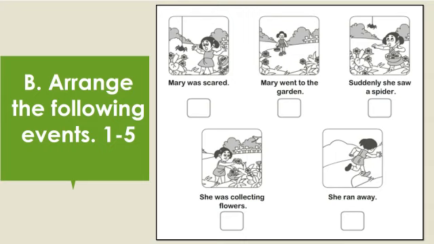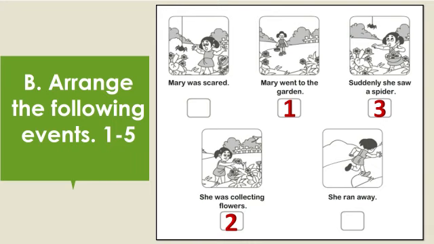So what do you think is the first one that happened in the story? That is, Mary went to the garden. And the next one is, she was collecting flowers. The third one, suddenly she saw a spider.